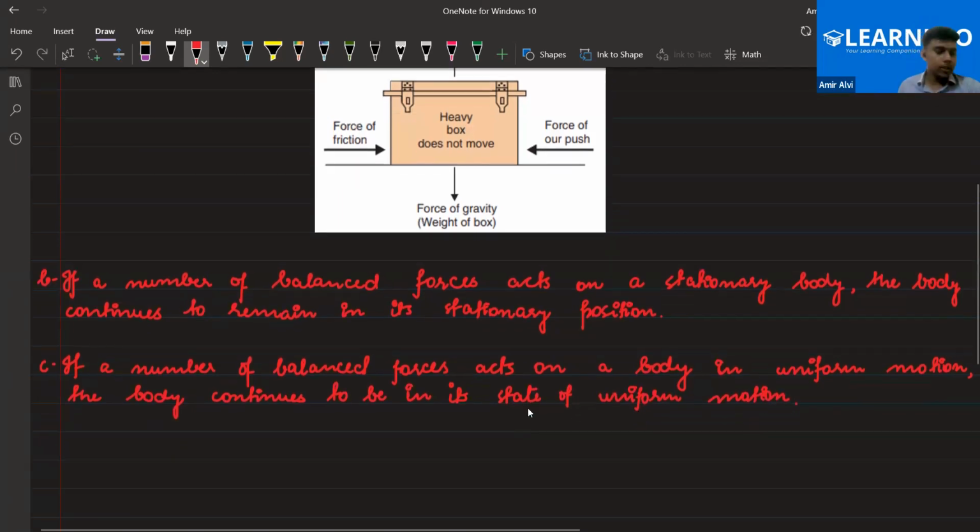Clear, everyone? So it's going to be uniform. So it means that balanced forces cannot produce motion in a stationary body, or stop a moving body. Clear? But they can only change the shape of a body. Clear, everyone? Yes, sir.